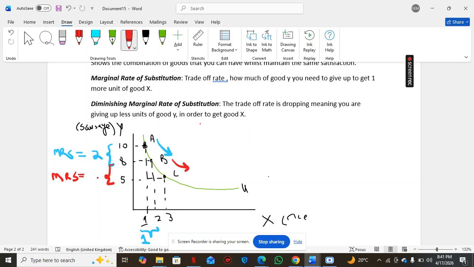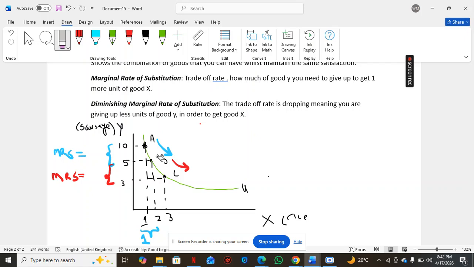Oh, actually, it has to be diminishing. I made a mistake. This has to be diminishing. Let me put it like this. So we'll start 10 to 5, then 5 to 3 here.